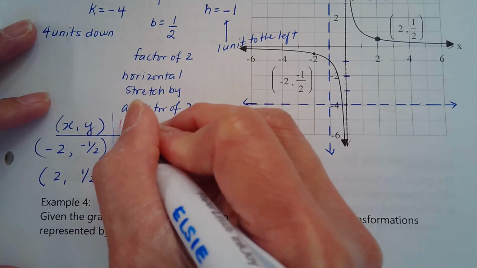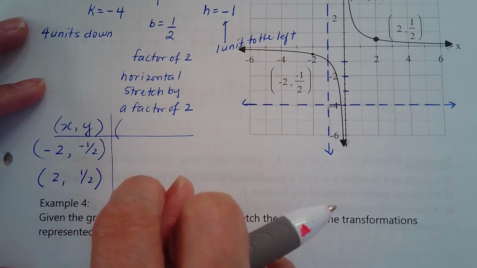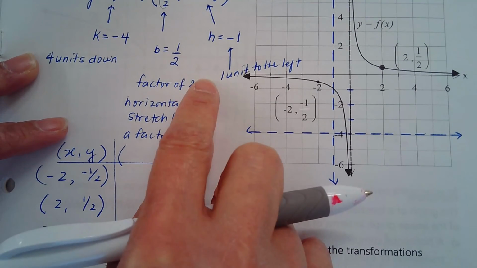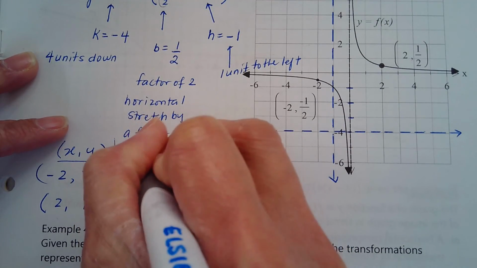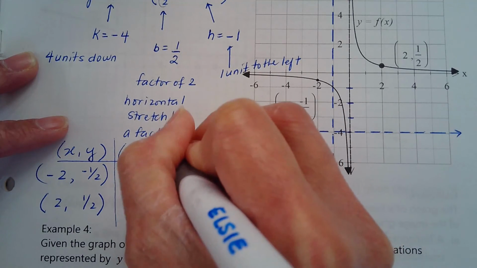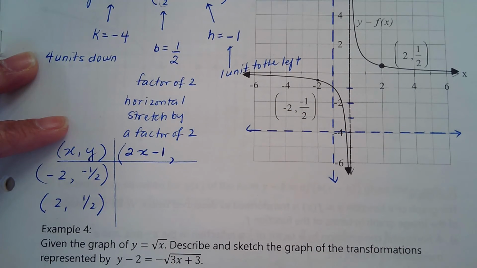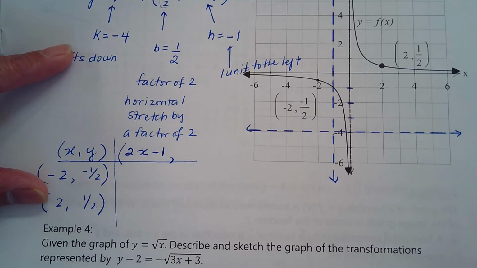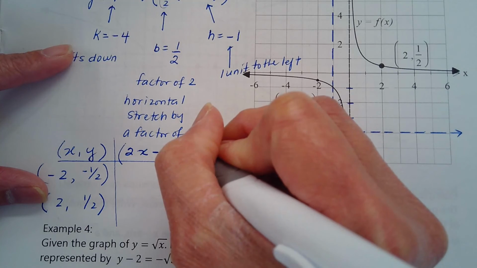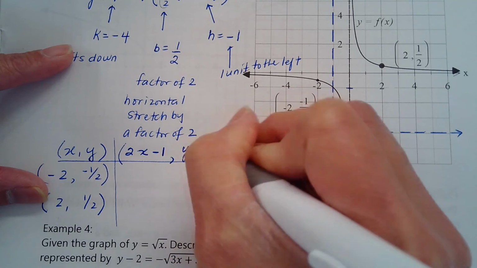Okay, so this is going to be 1 over b. So which one's a 1 over b? That would be the 2. So it's going to be 2x plus h, so plus -1, so -1, comma, a is 1, plus k, y minus 4.